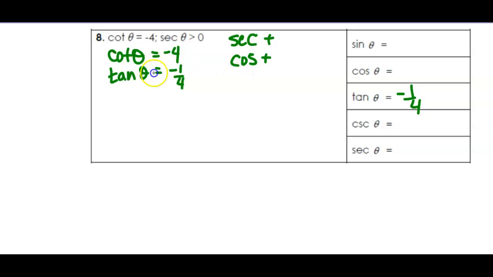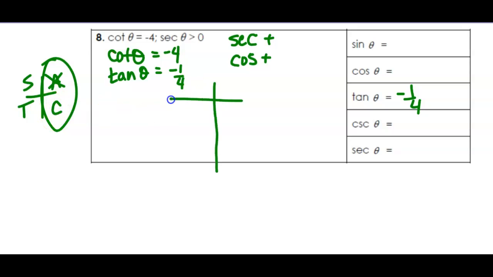So where is tangent negative and cosine positive? All students take calculus. The cosine is positive in these two quadrants. They're all positive here, so that leaves tangent to be negative. We are in quadrant 4.